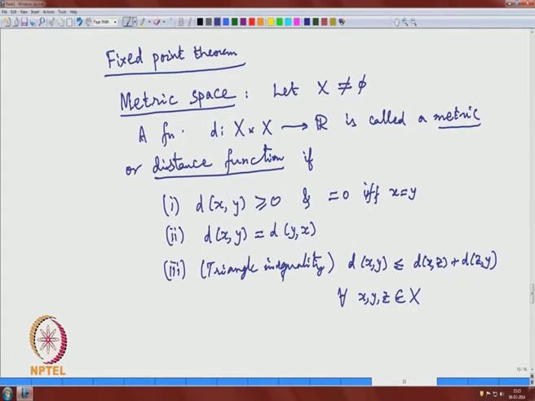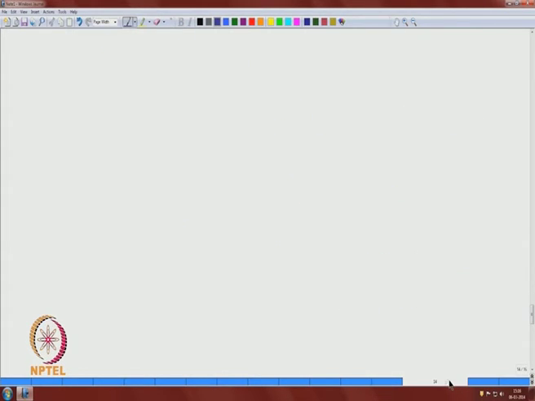This notion comes from the Euclidean distance. For example, in R, if you take X equal to R and the distance defined by the usual Euclidean distance, that is a metric.